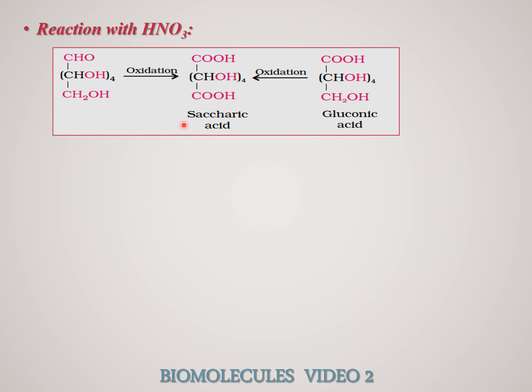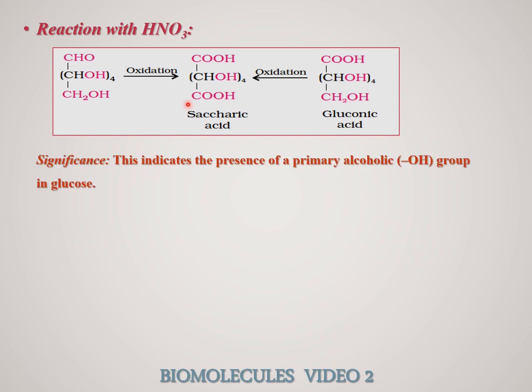So the product saccharic acid confirmed that the aldehyde group present in glucose undergoes oxidation to give a carboxylic acid group, and the primary alcoholic group, which should be the last carbon atom, is also getting oxidized to give carboxylic acid. Thereby, this confirms the presence of a primary alcoholic group in the molecule of glucose.